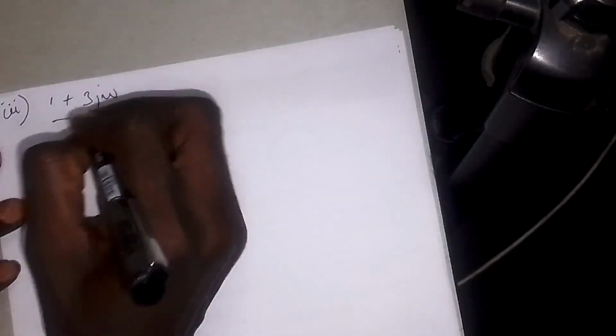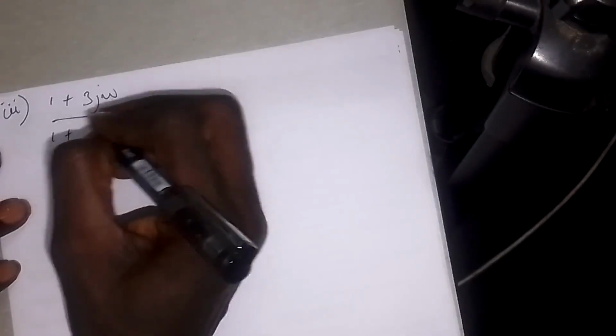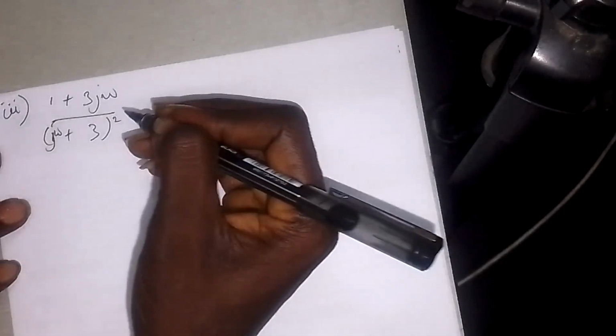Number 4 is similar to number 3, so I'll do number 3, and number 4 will be something for you to try. So we have 1 plus 3 j omega over (j omega plus 3) squared. So this is what we have.